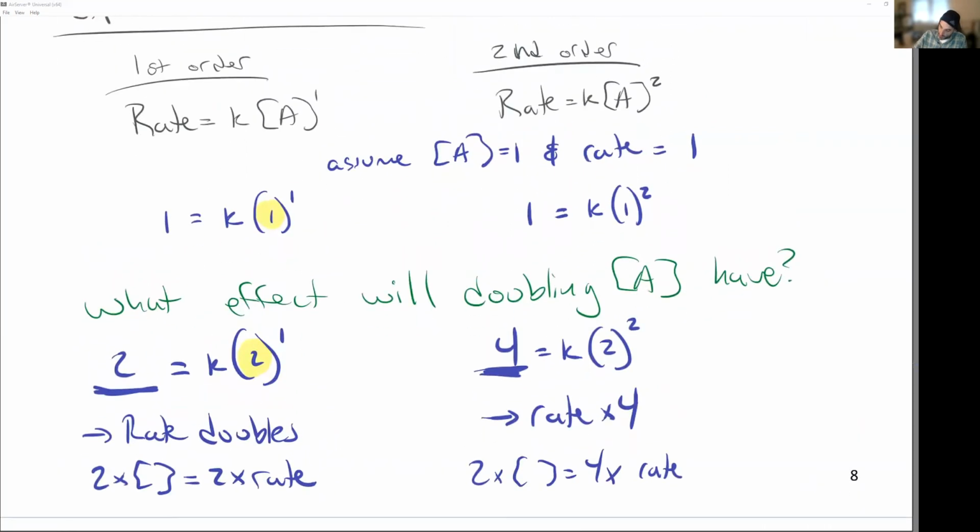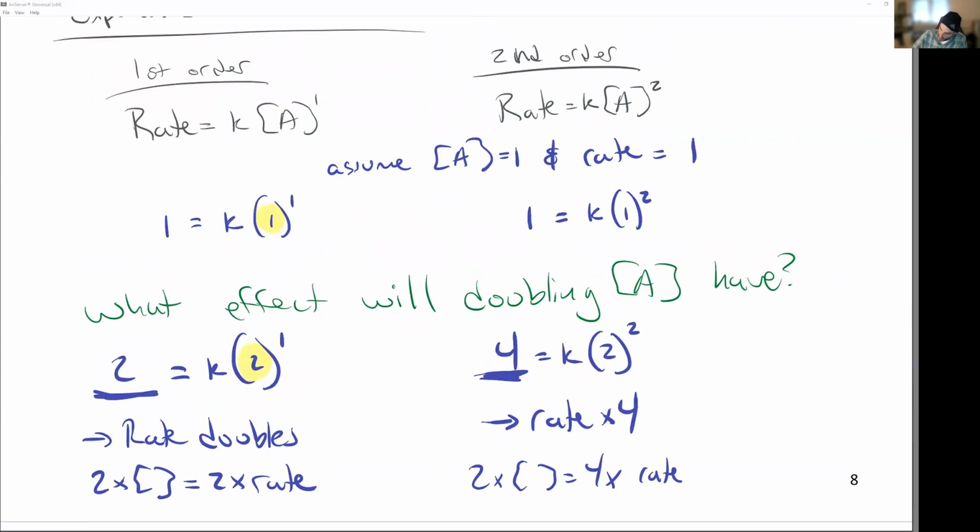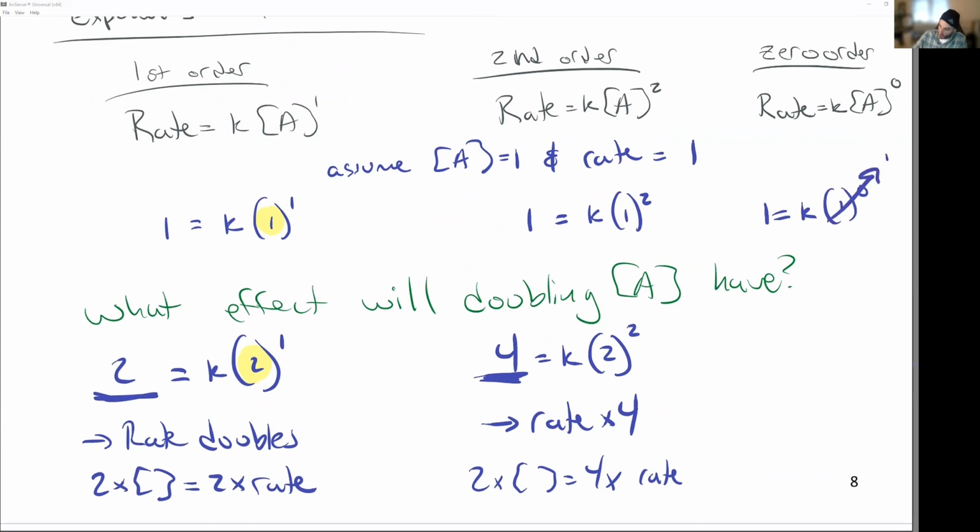Now, this is a special case, but we do in fact have this quite often. Zero order is a thing as well. So what happens for zero order? What does zero order look like? Rate is equal to K times the concentration of A raised to 0. Again, if the concentration is 1, 1 raised to the 0 simply comes out to 1.